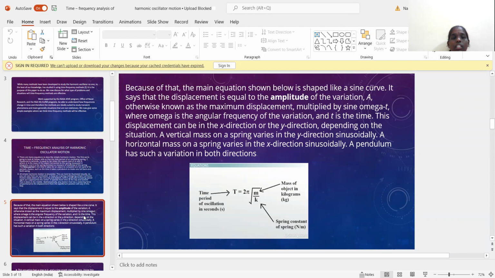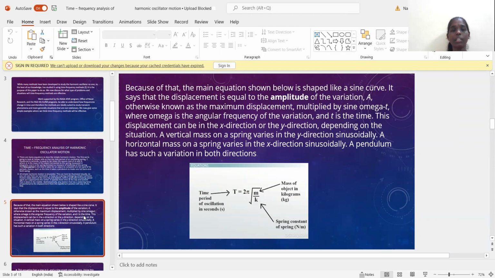It says that the displacement is equal to the amplitude of the variation A, otherwise known as the maximum displacement, multiplied by sine omega t, where omega is the angular frequency of the variation and t is the time.